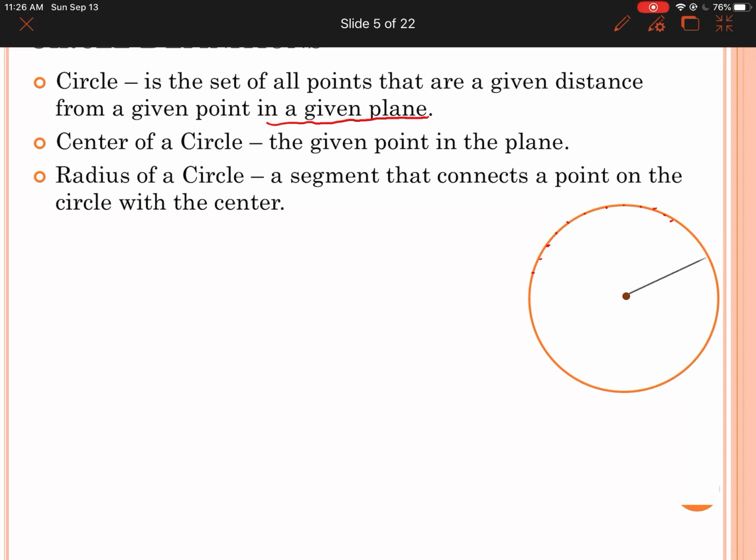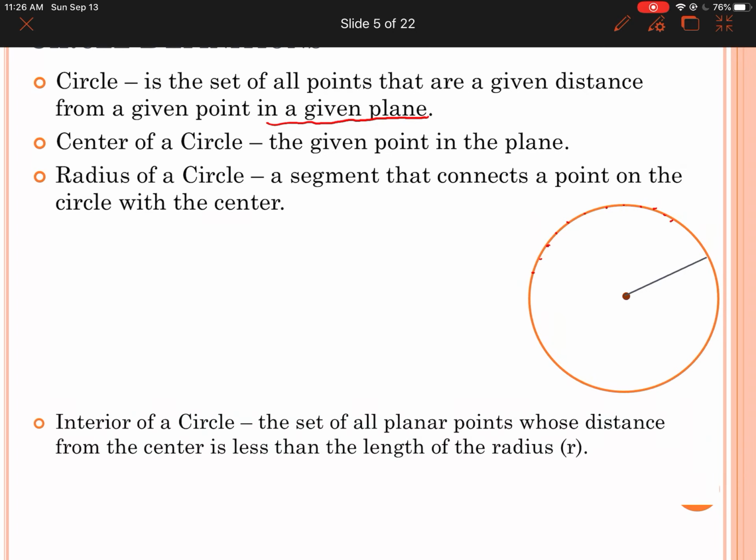We're going to get to a few other ones later, but then we have the interior of a circle. This is an interesting definition, but a good definition because it explains exactly what it needs to. It's the set of all planar points, so they all still lie on the same plane, whose distance from the center is less than the length of the radius.